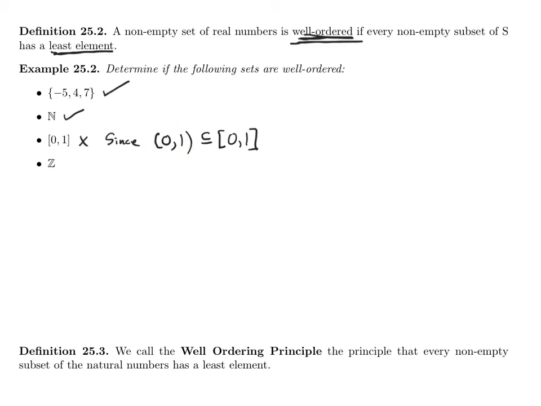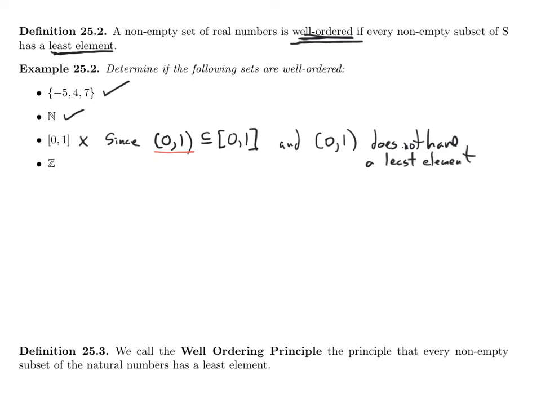Every element in the open interval is in the closed interval because the only points that we're missing here are 0 and 1 themselves. So every number in the interval between 0 and 1 exclusive is in the interval 0 to 1 inclusive. So we know this is a subset, and from the previous slide, we know that this does not have a least element. So that isn't a well ordered set.